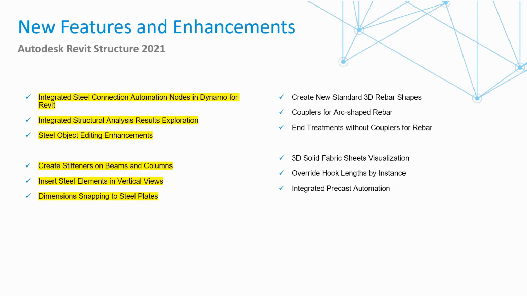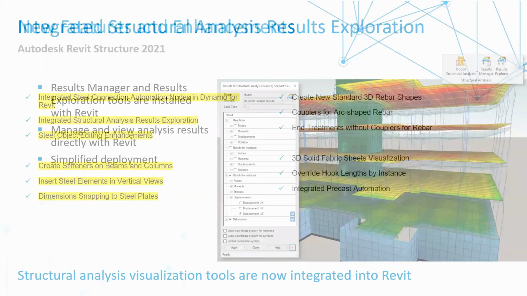So it's not an additional plug-in that you need to install after the installation. There are also some improvements on creating stiffness and still elements. I will not spend too much time on it, but I will highlight the areas that have been improved.